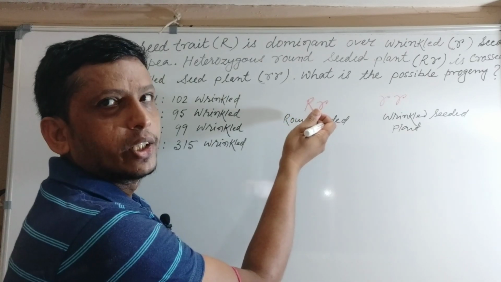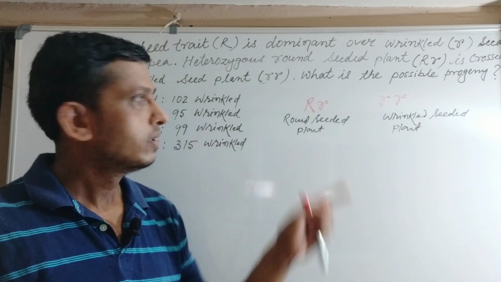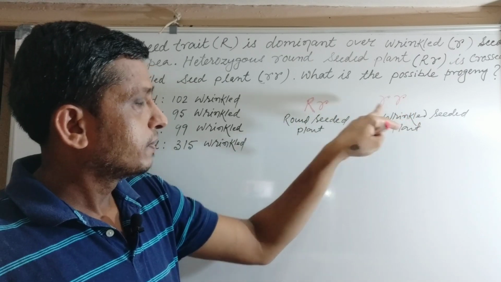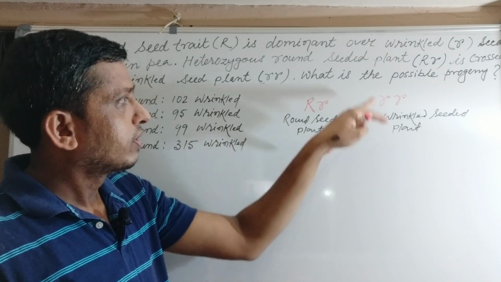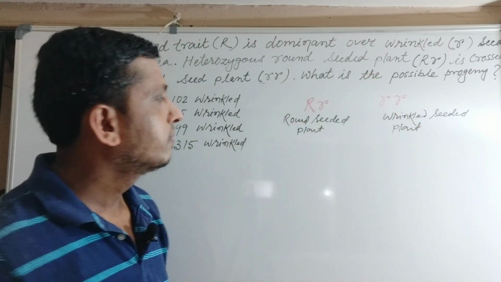This is in heterozygous condition because there is one dominant and one recessive allele, and this parent is homozygous. For this trait both the r are small, so recessive.